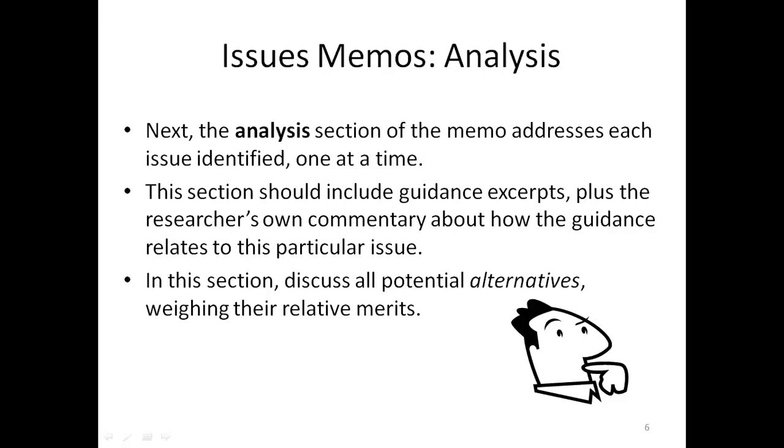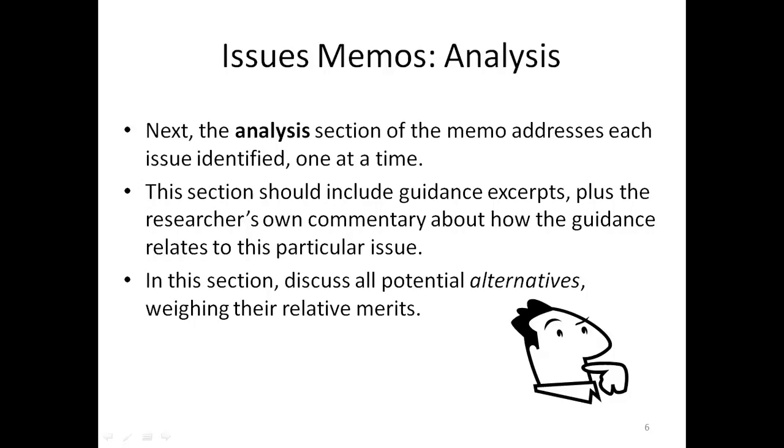Move to the analysis. The analysis section of the memo addresses each issue identified one at a time. It's a good reason for not having too many issues. Never confuse questions that you need to consider with the research issues. Many of these questions can be grouped together into one issue.